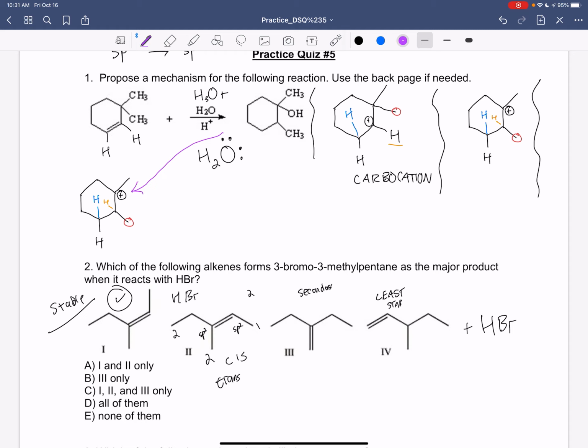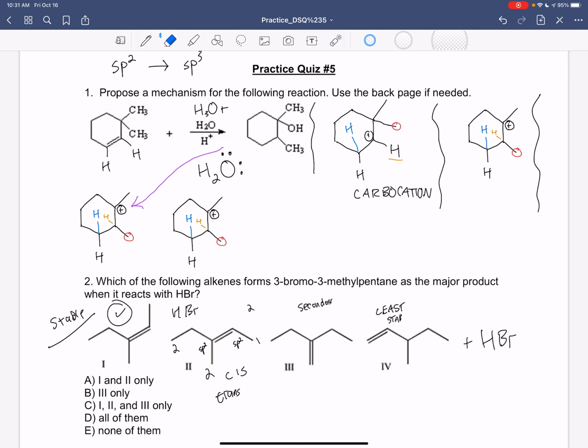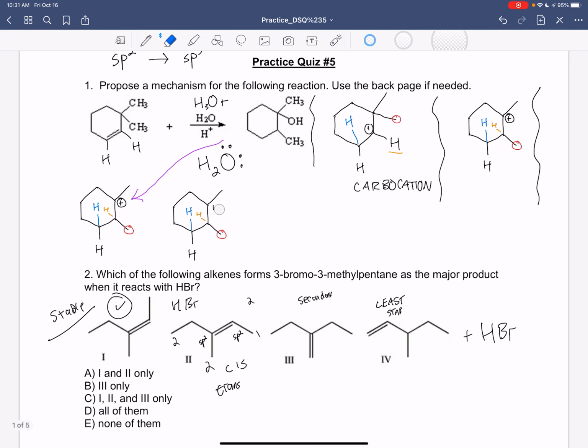And this is going to be kind of a little messy, but we already know we're getting rid of this positive charge. So let's just get rid of that. But what are we getting rid of it with? We're getting rid of it with a pair of electrons. We're going to put this here, okay? So that is a pair of electrons.